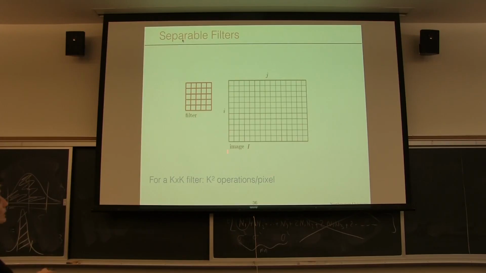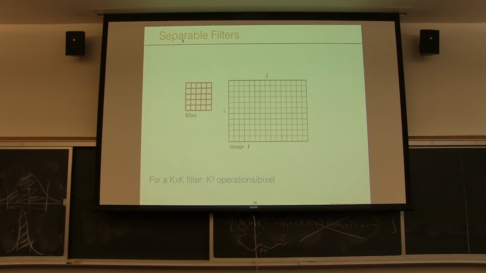If I have an image here, and I have a filter that has k by k elements, every time I put this filter on top of a pixel on this image, I have to do k squared operations. Do you agree? I have to do the sum of the products of all the elements underneath the mask. So I have k by k, that's k squared.